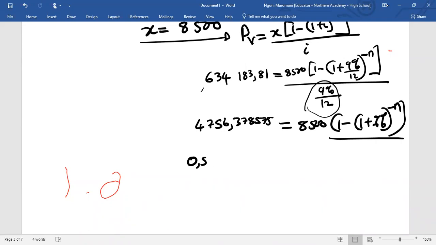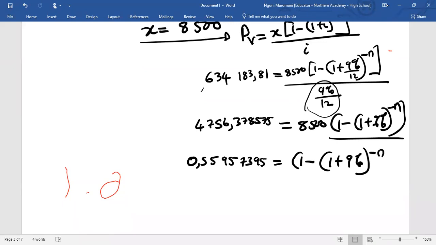We round off at the end. 0.55957395 is equal to 1 minus 1 plus 9% to the power minus n.